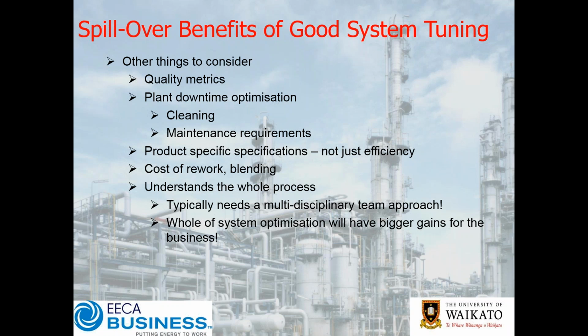You're starting to help them improve some of their KPIs, and before you know it, you've got the whole business engaged and you can embark on this journey together. And ultimately, time after time, a whole of system approach where you're looking to optimize the system is going to deliver bigger gains and more long-term gains for the business, and the ability to lock those in for the long term is substantially more likely.